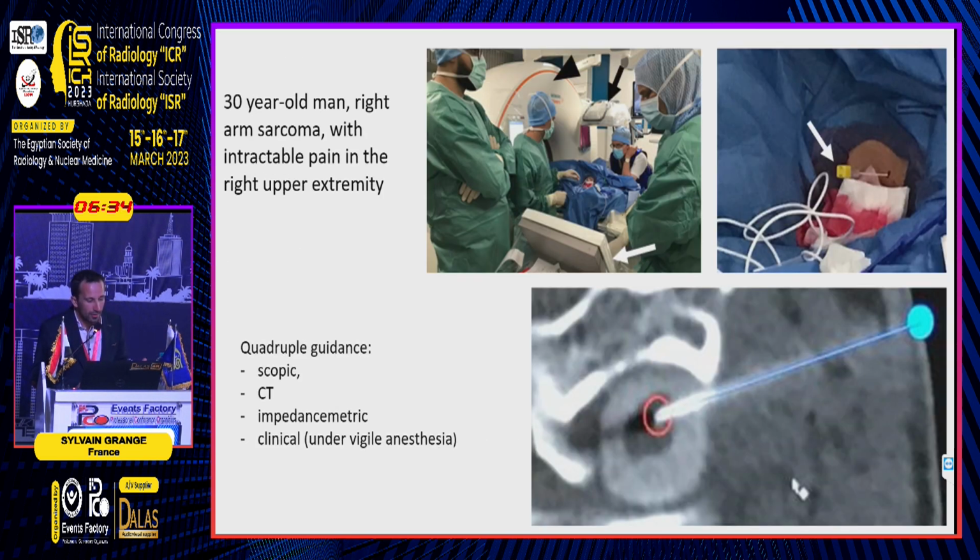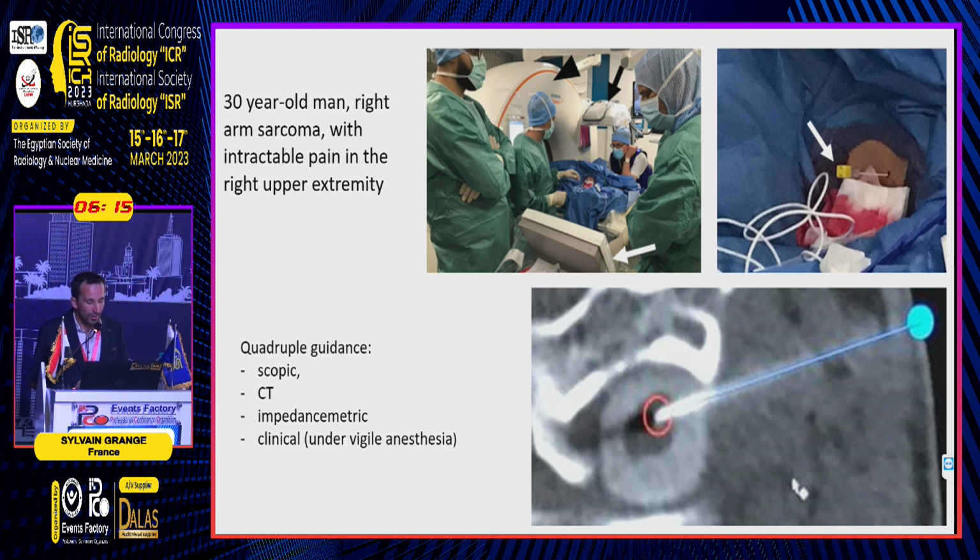Here the patient is a 30-year-old woman with a right arm sarcoma with intractable pain in the right upper extremity. Here is the interventional CT room with the CT, the scopic, and the impedance metric measure.